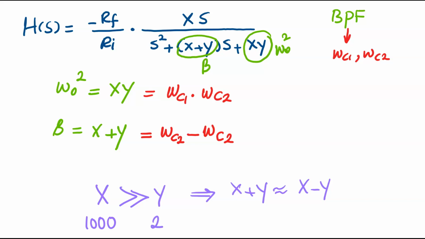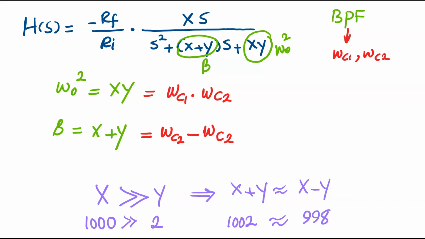Now you can see that this constraint is correct, so my x is much greater than my y. And if I add them together, I have 1002, and if I subtract them, I have 998. These are very close, so I can assume they are exactly equal.